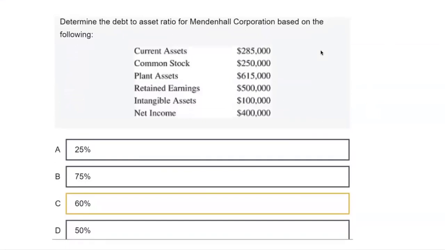Based on the following, debt to asset ratio. So, yung formula niya nandito na, total debt divided by total assets. So, markahan natin. Ito, asset. Ito, equity. Asset, equity. Asset, income. So, our total assets would be how much based on our marking? Paki-add naman lahat ng letter A, Pauline. 1 million.